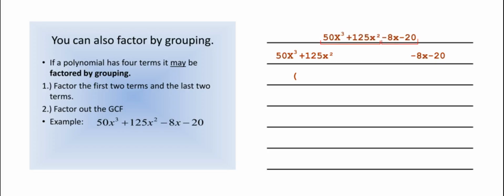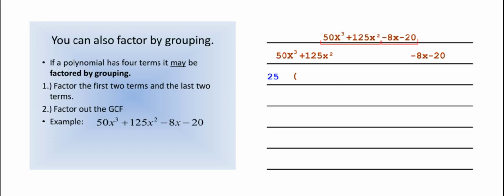What do both terms have in common? 50x to the third and 125x squared. Well, 50 and 125, what are they both multiples of? Think about it like 50 cents and 125, $1.25. Would you say they have a quarter in common, or 25 cents? Or 25?